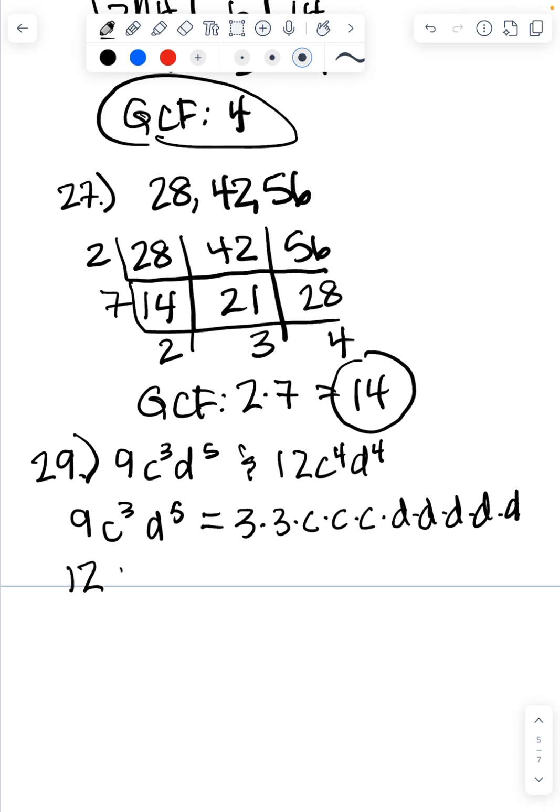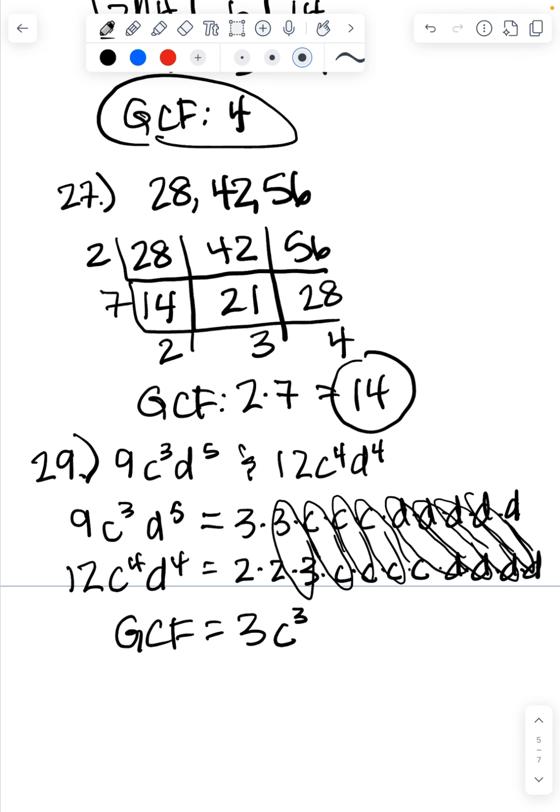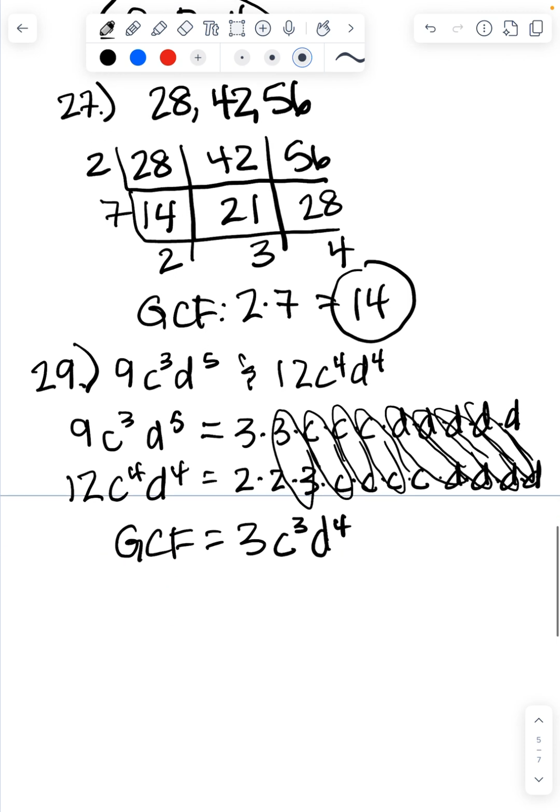And then we have 12c to the 4th d to the 4th. 12 is 2 times 2 times 3, and then 4 c's and 4 d's. So the GCF is going to be a set of 3's, and then 1, 2, 3 c's, or c cubed, and then we've got 1, 2, 3, 4 d's. Okay, so number 29, 3c cubed d to the 4th.